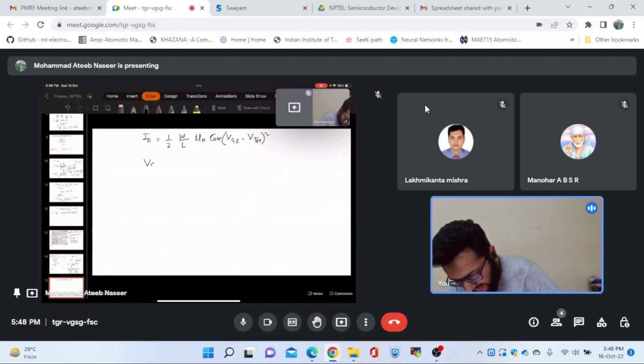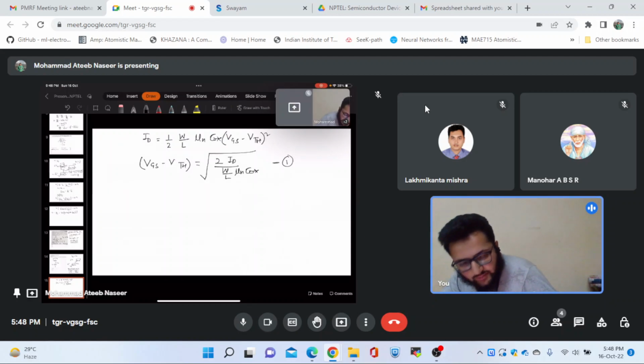From this, I can write VGS minus VTH to be equal to the square root of 2 times ID divided by W by L mu n Cox. Let me name this equation 1.